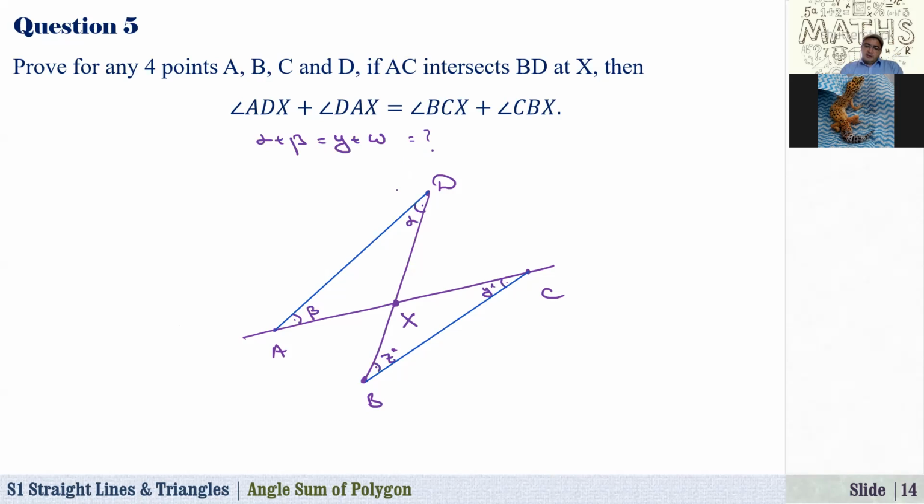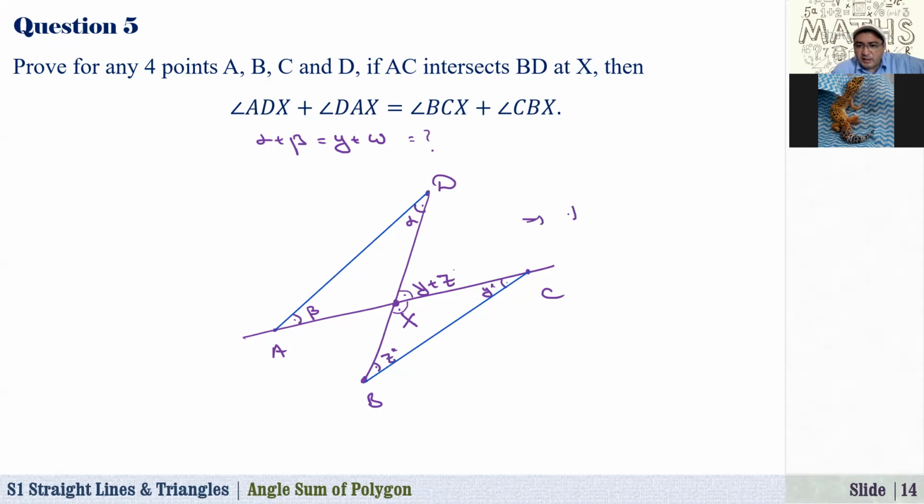How do you prove that they are equal? Now from here again, alpha plus beta, and this one is this third angle. The exterior angle of triangle BCX, for X, is equal to Y plus Z. At the same time, alpha plus beta is also the exterior angle for alpha and beta.